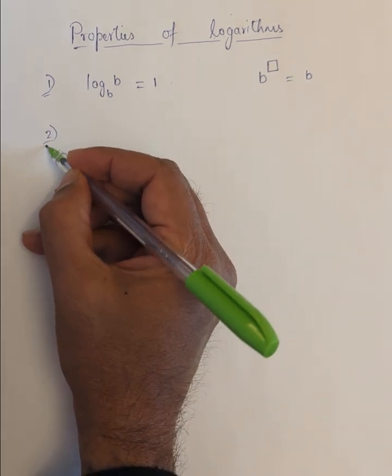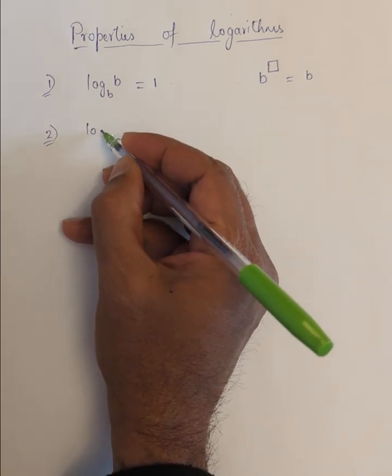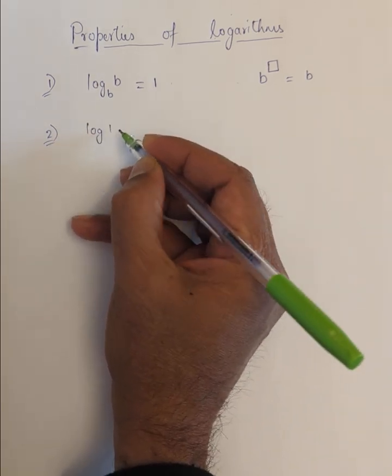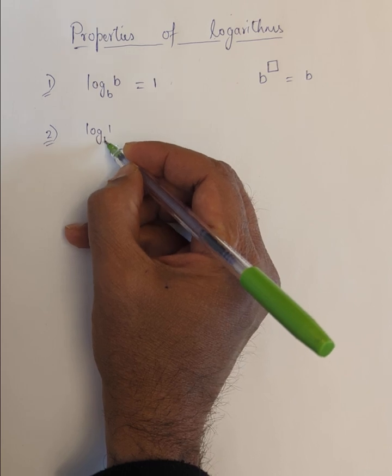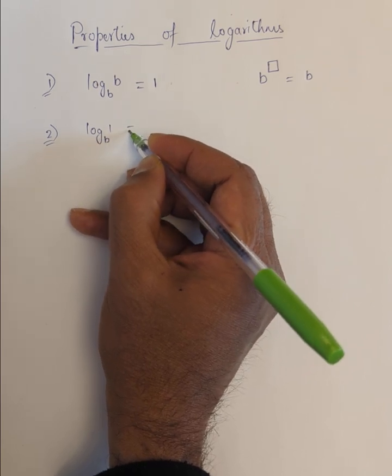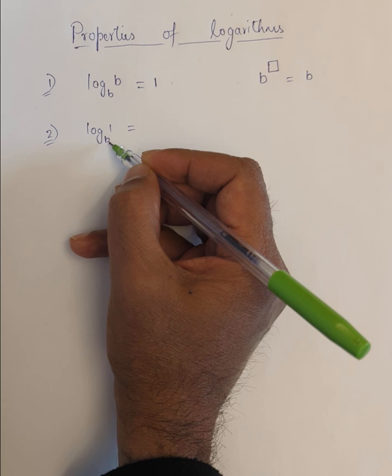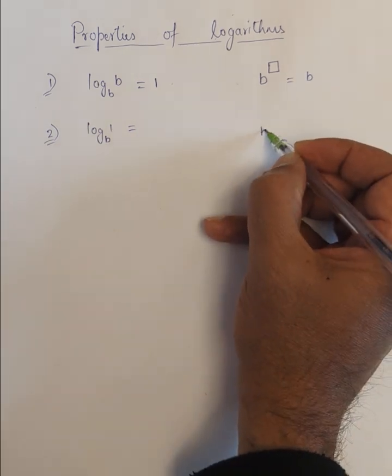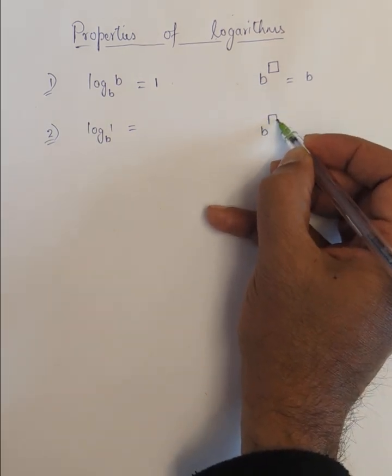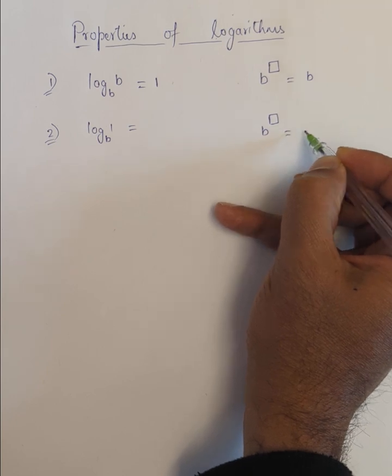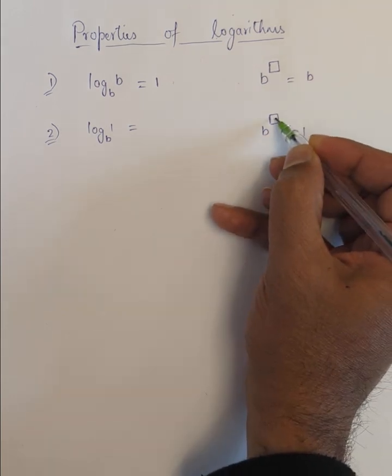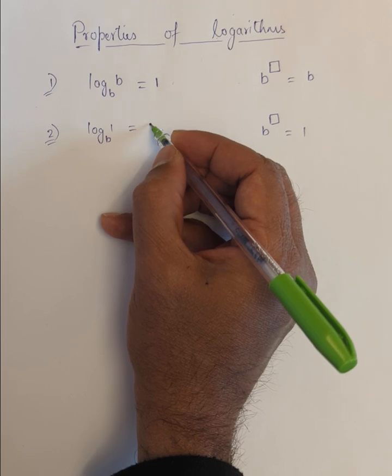Now let's look at one other property. What happens if I want to take logarithm of 1 to the base b? So this time, again, just like here, I'm asking b to the what power is equal to 1. And you know that the answer has to be 0.